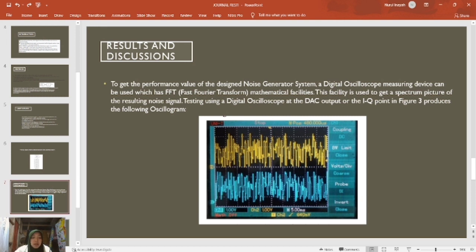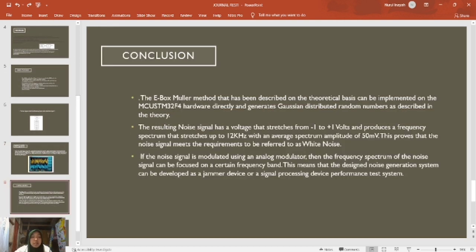Next, conclusion. The Box-Muller method that has been described on the theoretical basis can be implemented on the hardware directly, and generates Gaussian distributed random numbers as described in the theory.